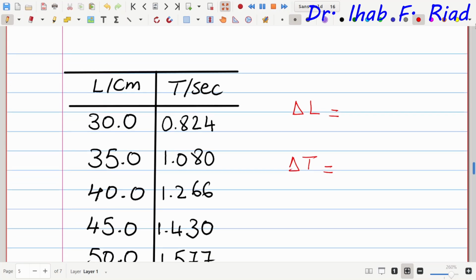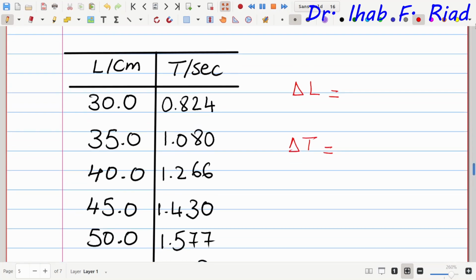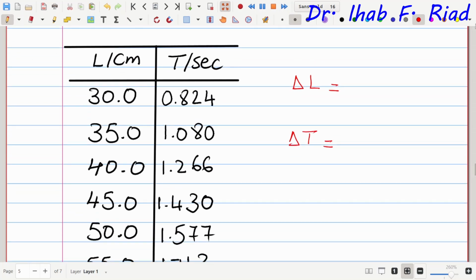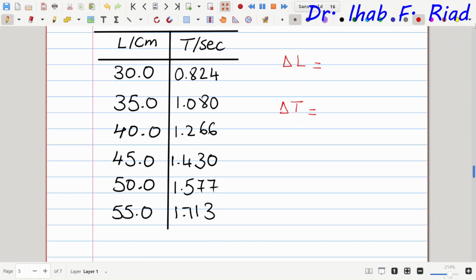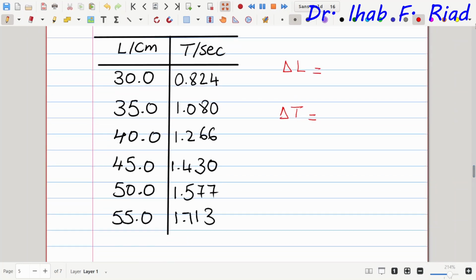What if we got some readings given in a table? Can we identify the uncertainty in readings in a table? Yes, we can do that.